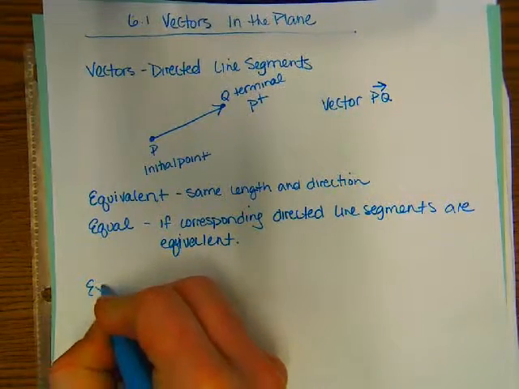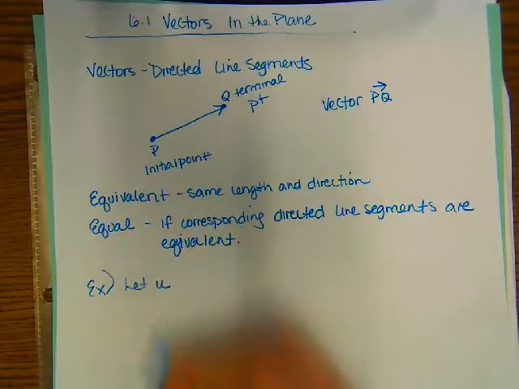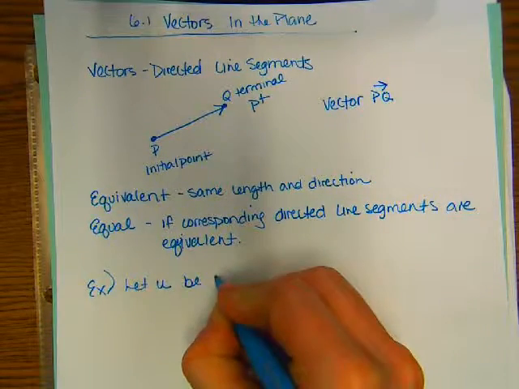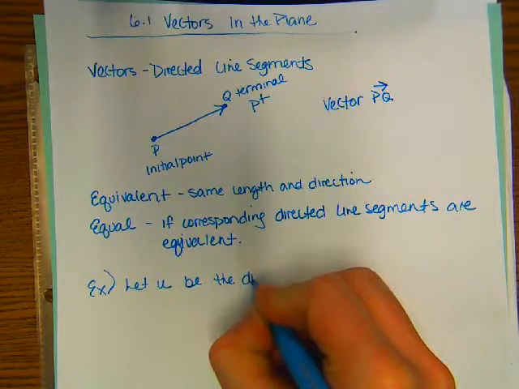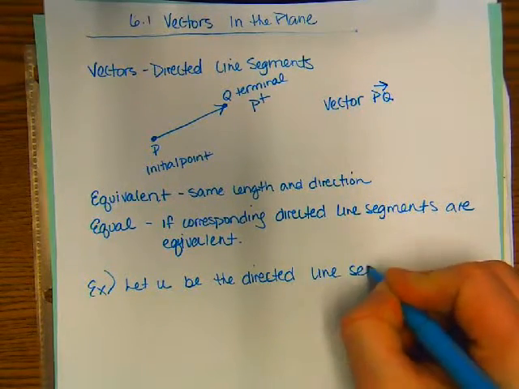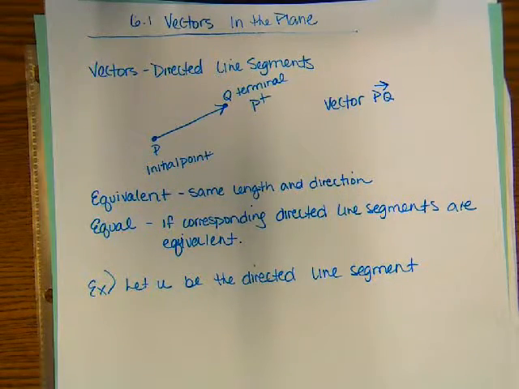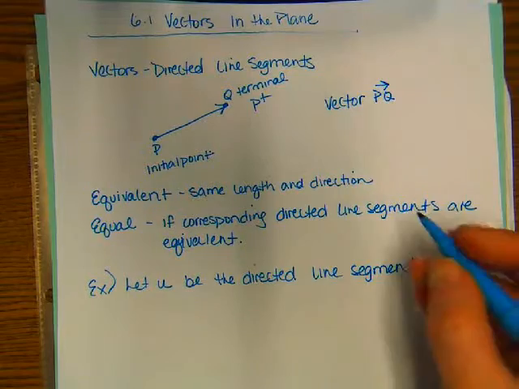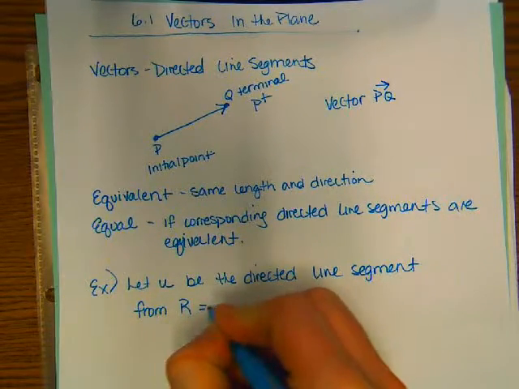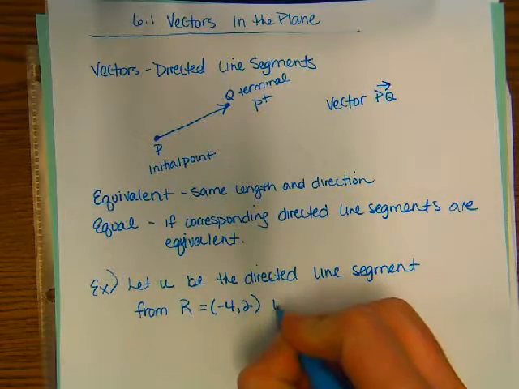Let U be the directed line segment from R with coordinates (-4, 2) to S (-1, 6).